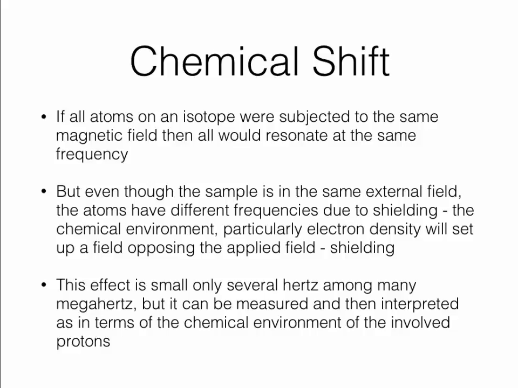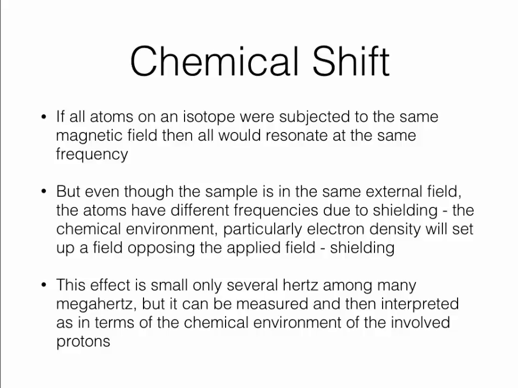If all the atoms of an isotope were subjected to exactly the same magnetic field, then they would all resonate at the same frequency. But even though the sample is subjected to the same external field, the atoms in individual isotopes will have different frequencies due to shielding. The chemical environment, particularly electron density, will set up what's called a diamagnetic response. It will set up a field that opposes the applied field.